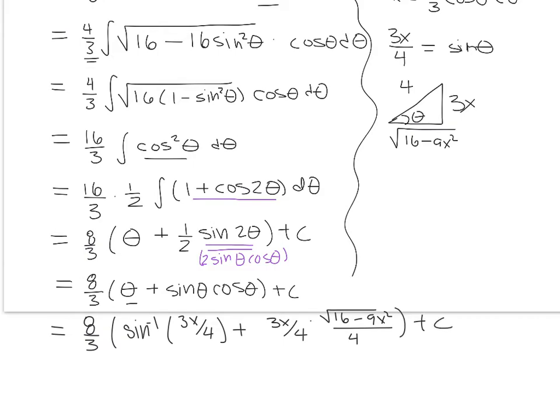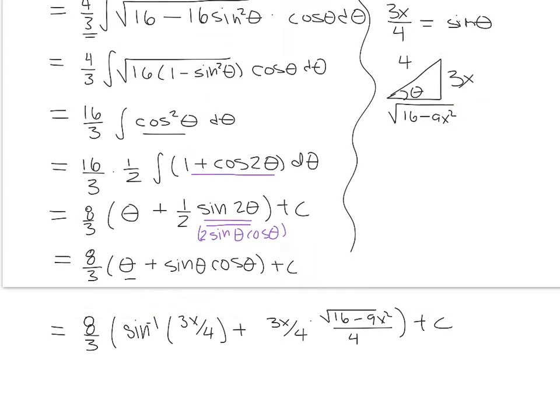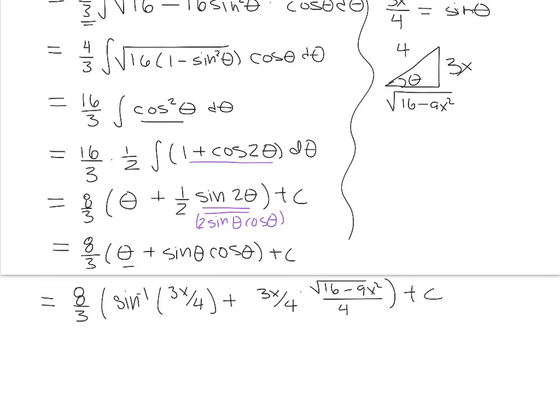And let's multiply some stuff and distribute some stuff. So we have 8 thirds sine inverse 3x over 4 plus, now notice that this 3 will cancel when it multiplies by that 3.